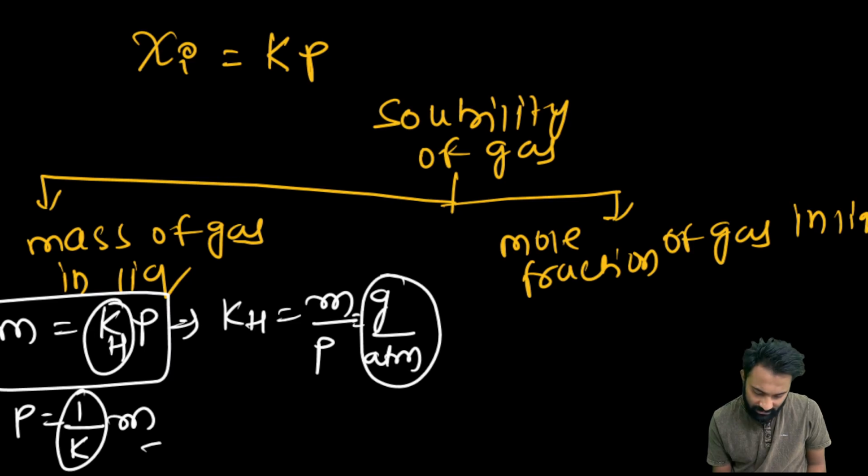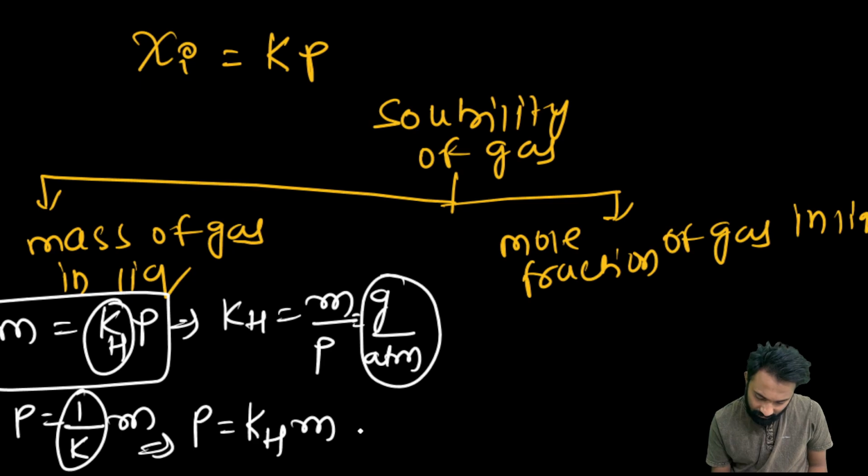If 1 by k is the Henry's constant, then the formula will be for the pressure of the gas, or the partial pressure of the gas if there are two. The pressure of the gas is the Henry's constant into mass. Then what is the Henry's constant unit here? KH is equal to p by m, right?